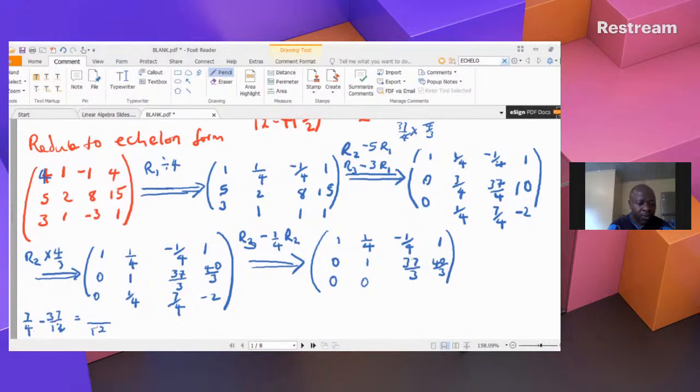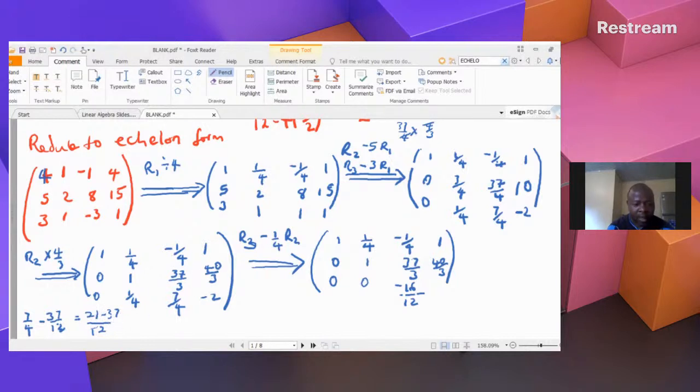So do this. 4 goes into 12 3 times. 3 times this gives me 21. 12 goes into itself once. 1 times this gives me the 7. What is this subtraction here? Is it negative 16 out of 12? You just write it without even simplifying. Negative 16 out of 12. Let me just be careful that I'm not writing a different thing. Yeah, it's negative 16 out of 12.